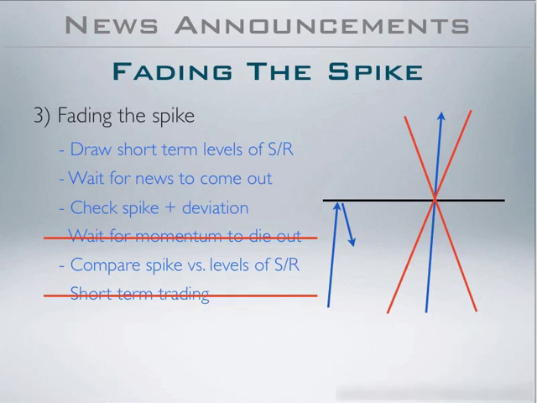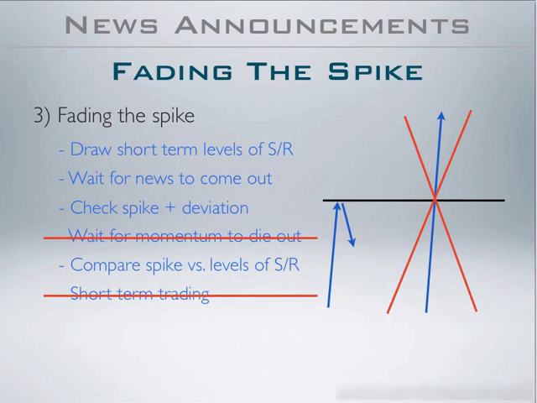You are just using the spike to analyze how strong those levels of support and resistance actually are, to determine whether those levels hold or not, whether there is enough trading volume around those levels or not, and therefore whether price breaks through or respects those levels of support and resistance, in order to get an idea of the direction of your next trade, whether it's going to be a continuation trade or a reversal trade.